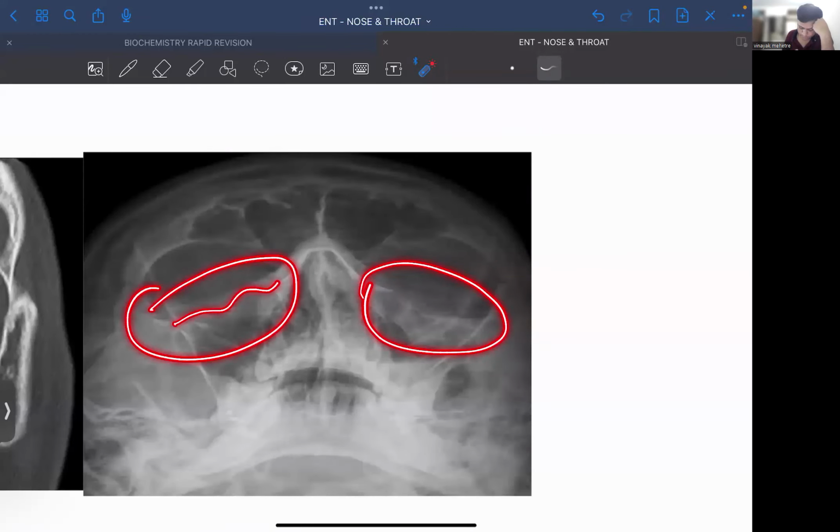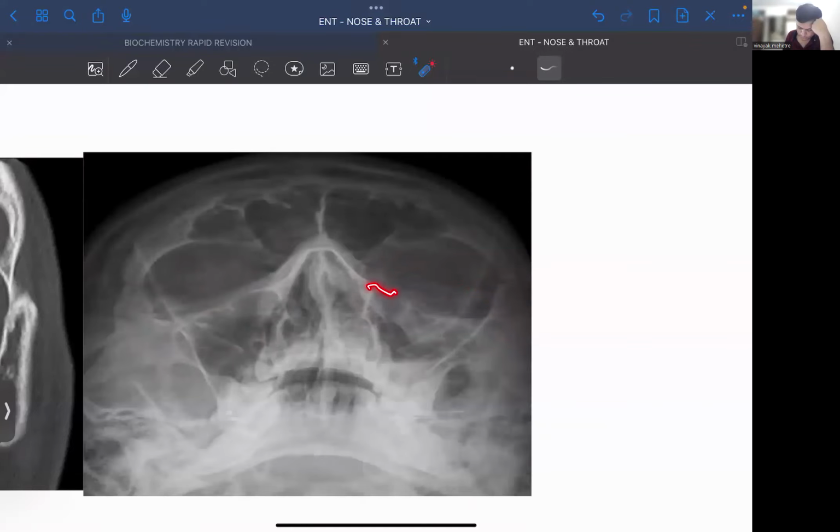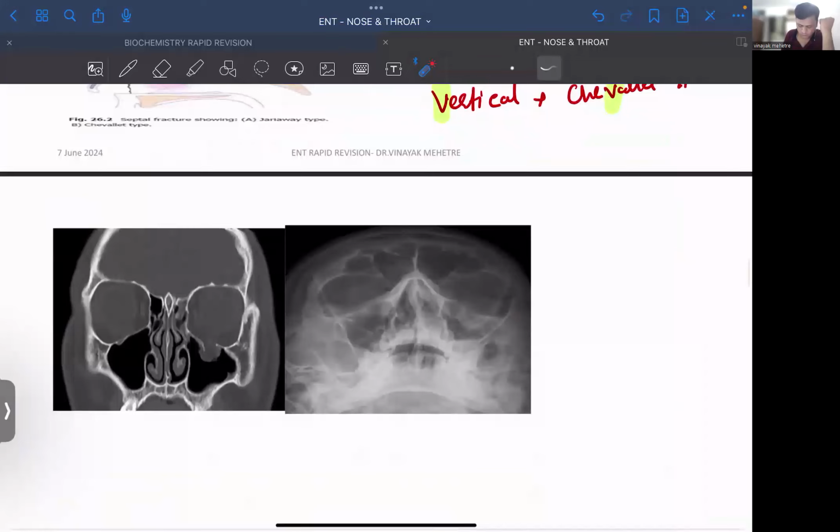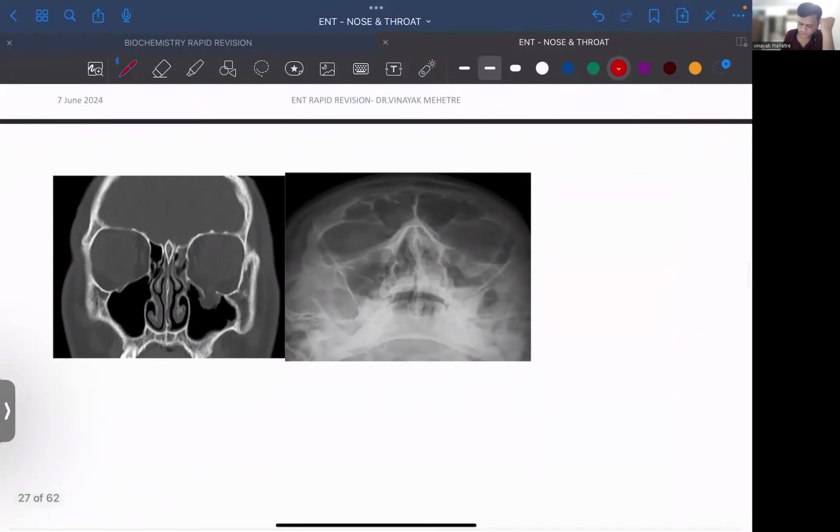This line is continuous, but over here it is disrupted, right? This is fracture of orbital floor. Orbital floor fracture, right? This is on the X-ray.